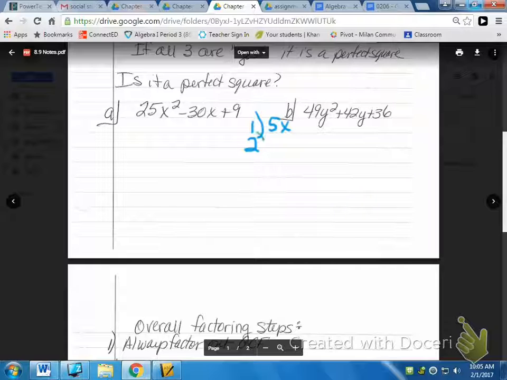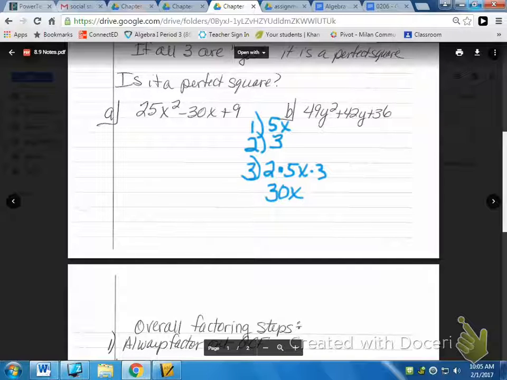Question 2. Is 9 a perfect square? Yes. What is its square root? 3. Question 3. Is the middle term 2 times 5x times 3? 2 times 5x is 10x. 10x times 3 is 30x. So the answer is yes. We answered yes to all of those.